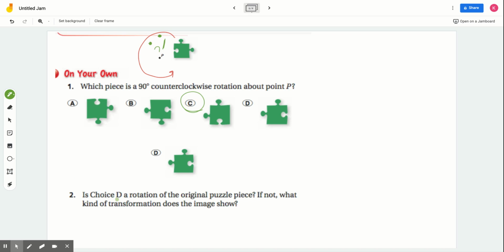Now, for question number 2, is choice D a rotation of the original puzzle piece? If not, what kind of transformation does the image show? So let's see here. This would be a 90-degree turn. If we went to a 180-degree turn, my open would now be towards the center.